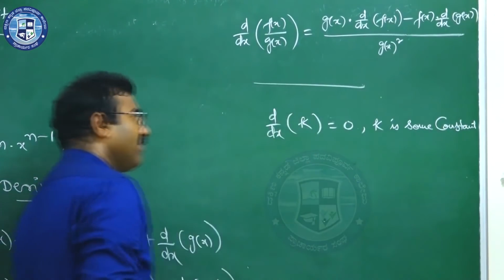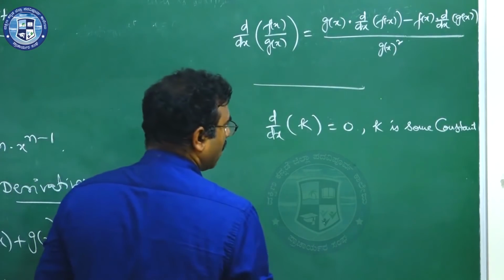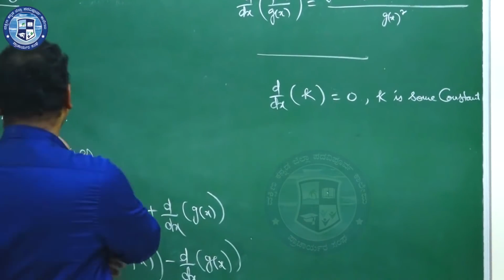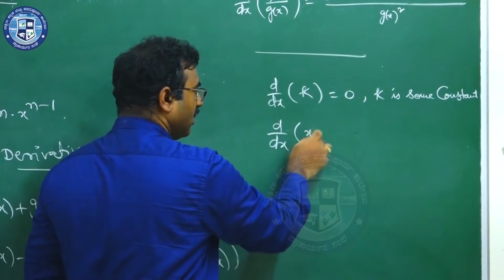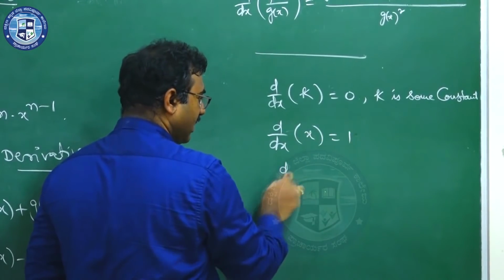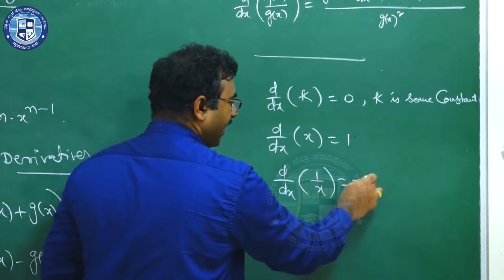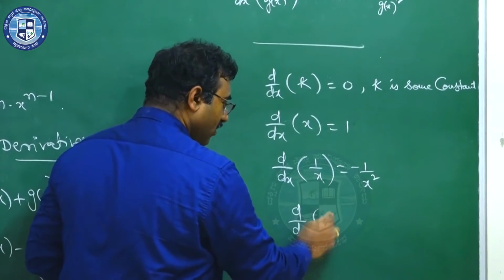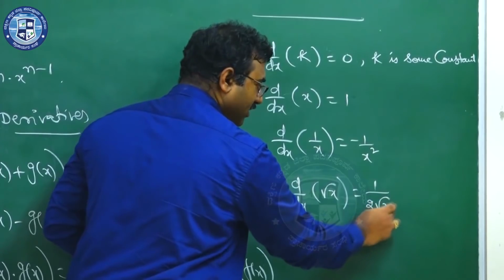We have also studied particular cases of x power n. d by dx of x is 1, d by dx of 1 by x is minus 1 by x square, d by dx of root x is 1 by 2 root x.